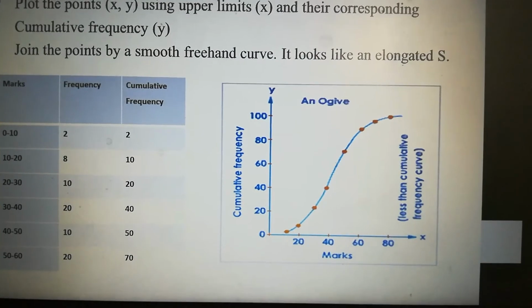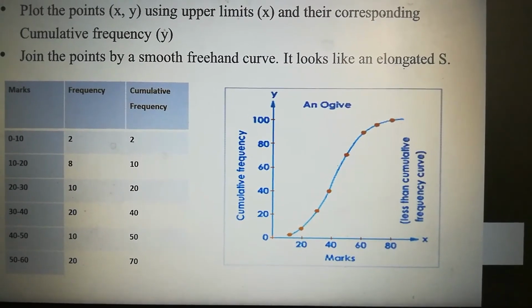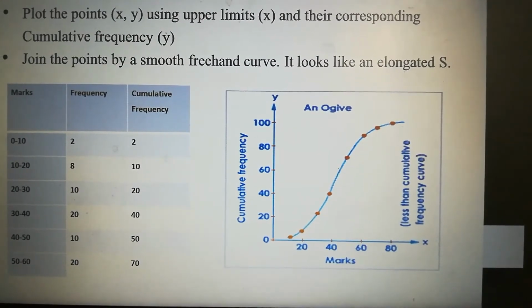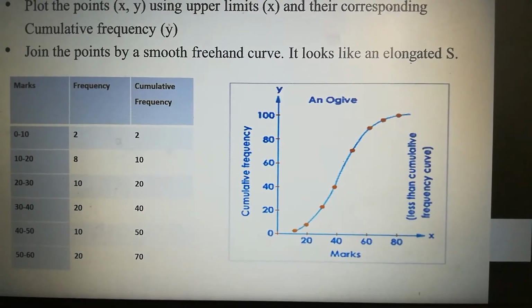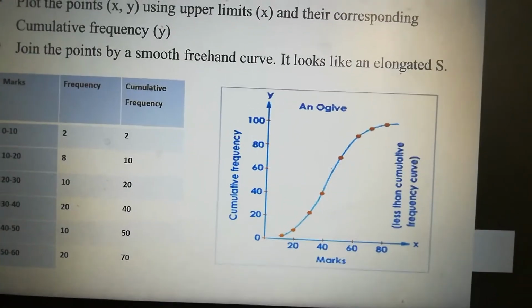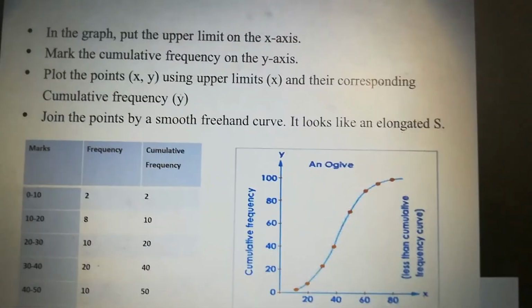Got it? Same way, how many people got less than 20? 10 people. How many people got less than 10? 2 people. This is what is known as the less than curve.